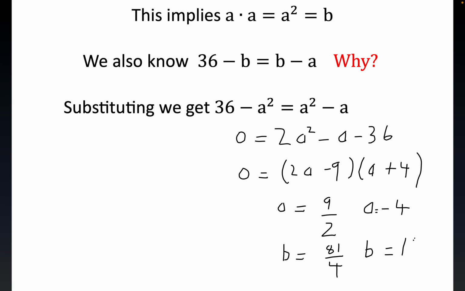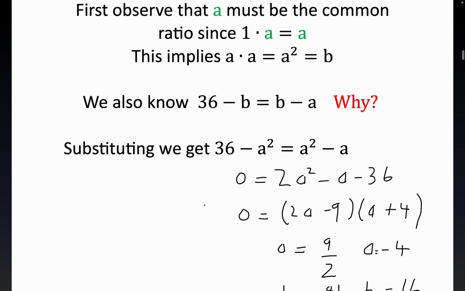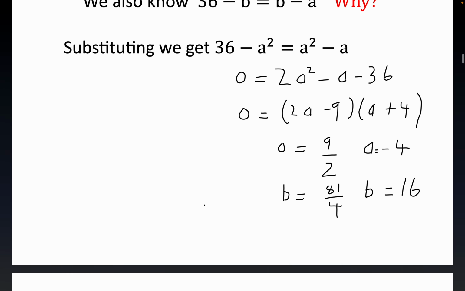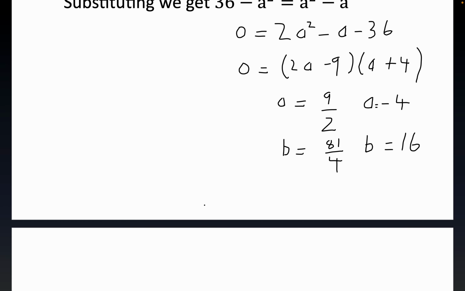You could have asked the question, what are the arithmetic sequences and what are the geometric sequences? And you could write them down based on this information. But we just want to know what the maximum sum is of these values, so we have to add them up. If you add a plus b here, this would be 18/4 plus 81/4, so that would sum up to 99/4.